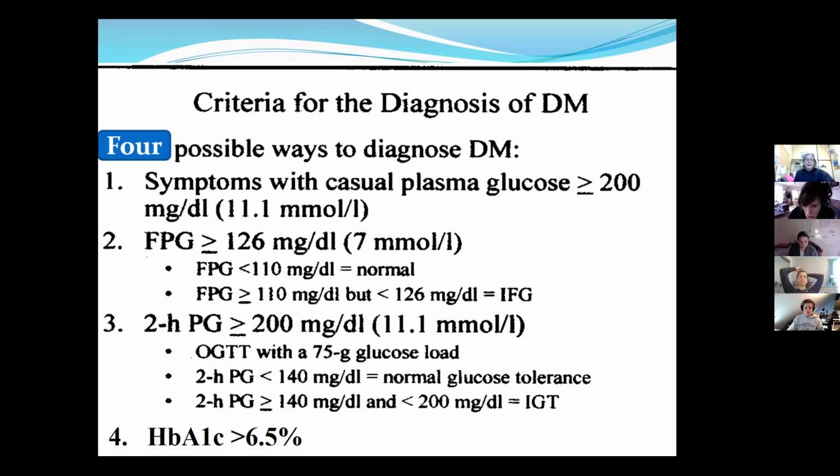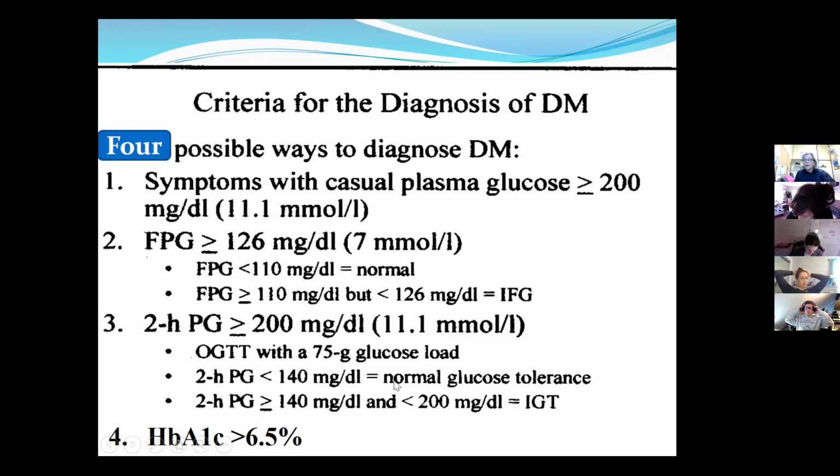The results from that, again, normally blood sugar is going to elevate, but how much it elevates is what's important here. With the 2-hour postprandial glucose, if it is less than 140, that's normal.